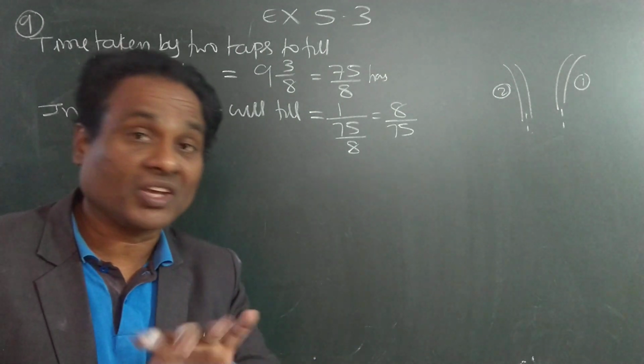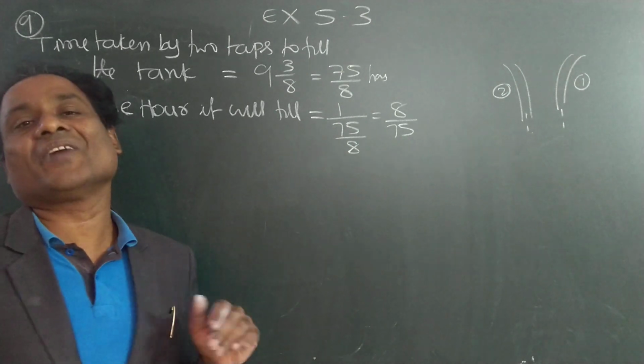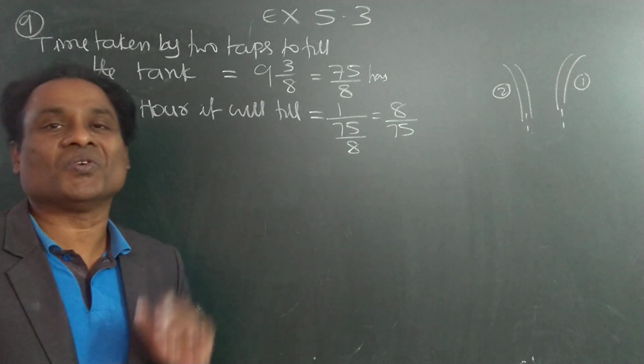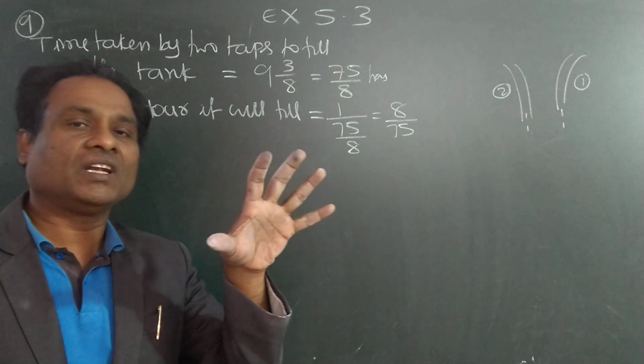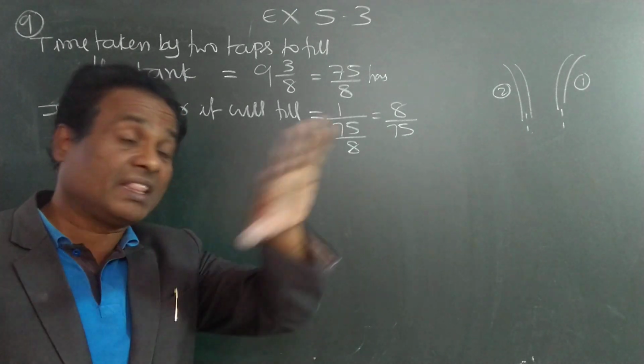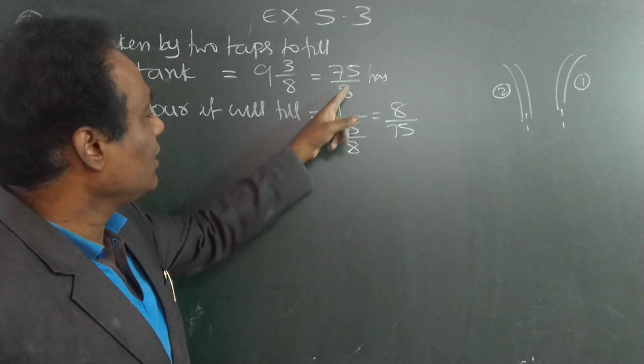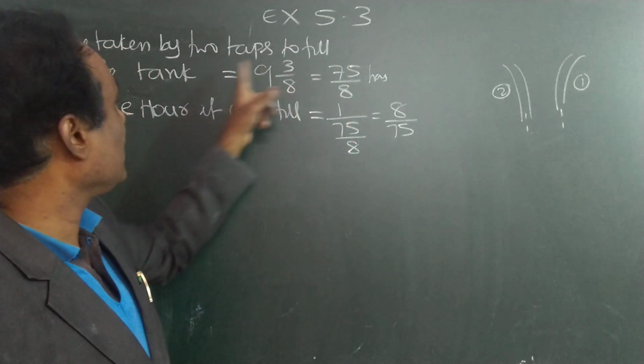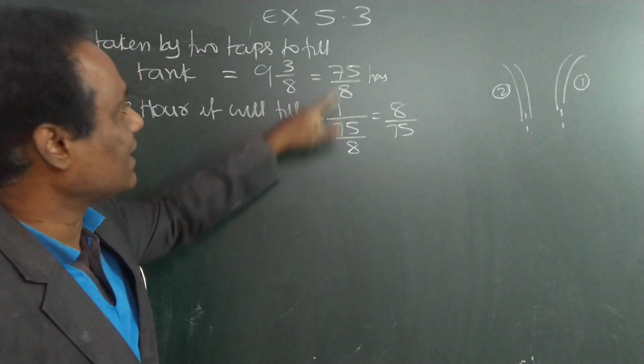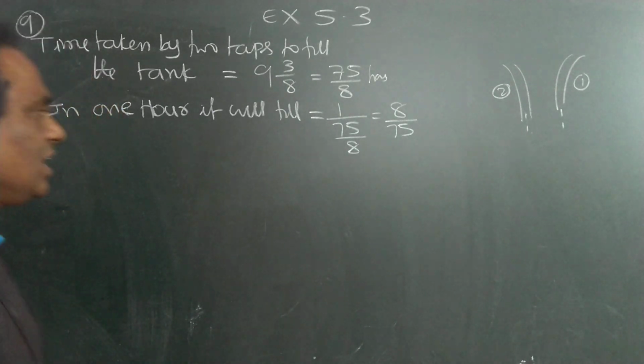In 1 hour, how much will it fill? 1/4. Suppose it requires 10 hours to fill the tank, in 1 hour it will cover 1/10. So if these many hours are required to fill the tank, then in 1 hour, 1 by that. That means 8/75. Leave it.